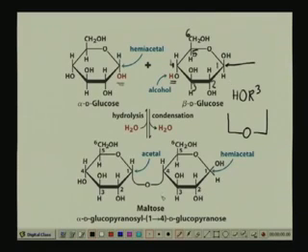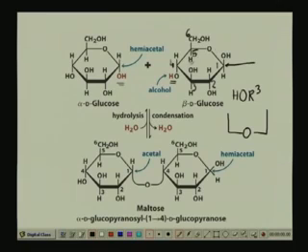The linkage is a glycosidic linkage because we are linking sugars. It is an O glycosidic linkage because the linkage between the sugars is by an oxygen. The linkage to the sugar is by the oxygen. So this is an O glycosidic linkage. We are linking carbon number 1 to the 4th carbon of the other one.